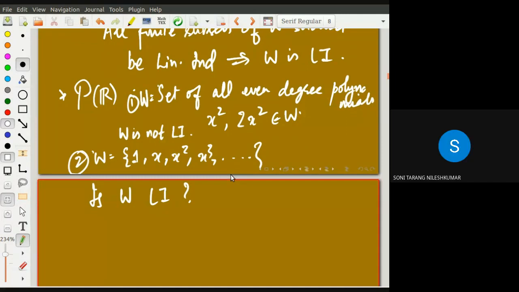Sir, suppose we take a subset x^i1, x^i2, x^i3.